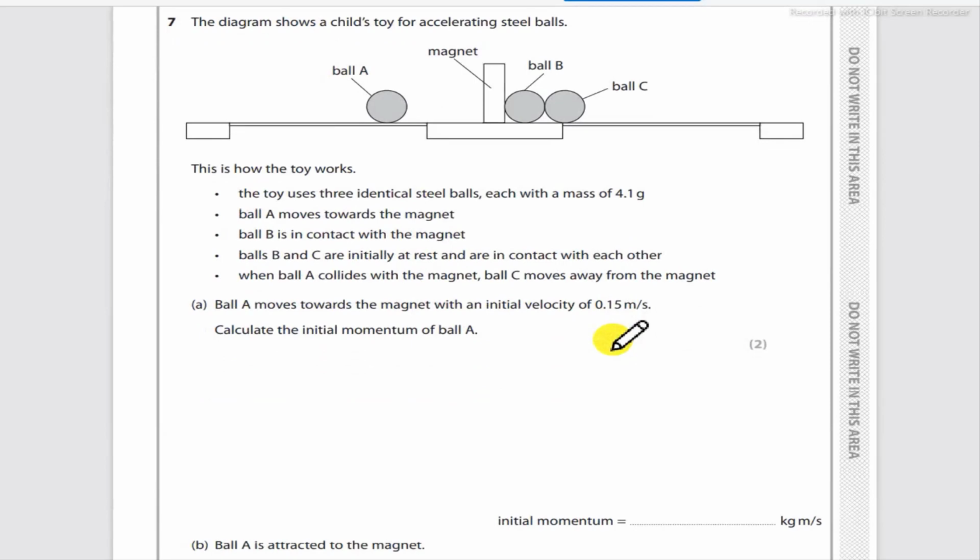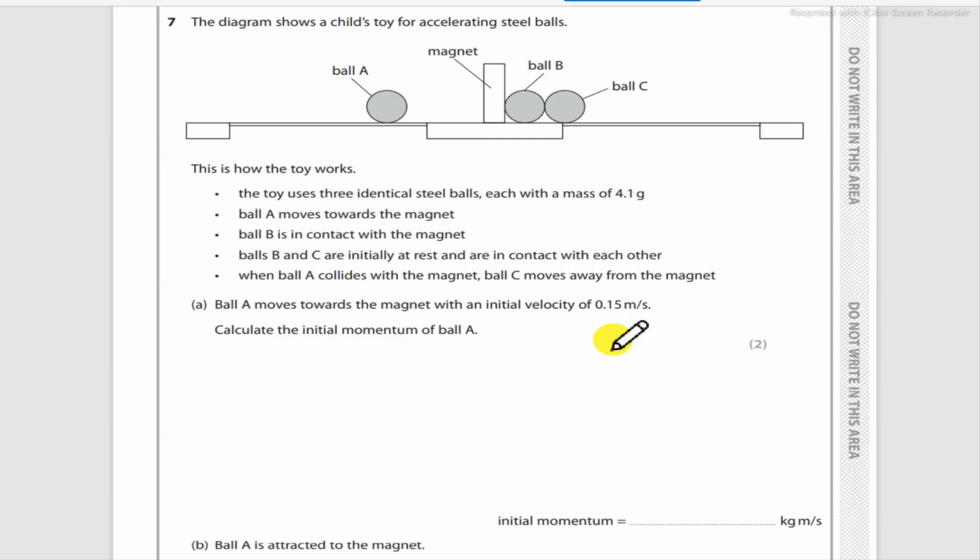Question number 7. The diagram shows a child's toy for accelerating steel balls. This is how the toy works. The toy uses 3 identical steel balls, each with a mass of 4.1 gram.